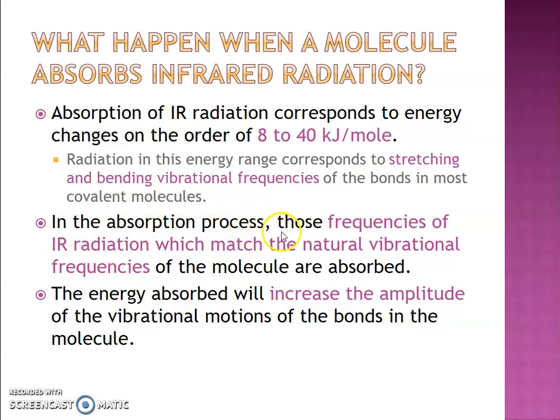In the absorption process, those frequencies of IR radiation which match the natural vibrational frequency of the molecule will be absorbed. If it matches vibrational or rotational frequencies, the molecule will absorb that radiation. The energy absorbed will increase the amplitude of the vibrational motion of the bonds in the molecule.